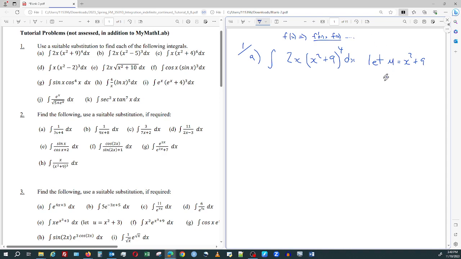Okay, so now we can take our derivative of this, which would be 2x. Now we see that in the function there is 2x there. So we do our manipulations and simply we get du is equal to 2x dx.